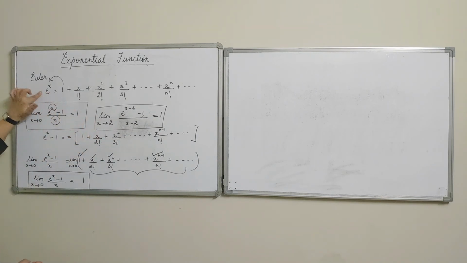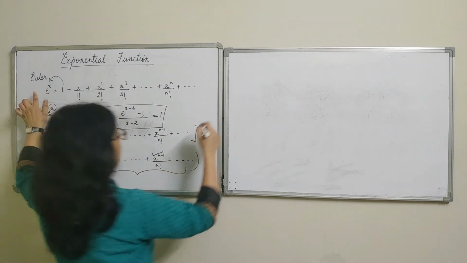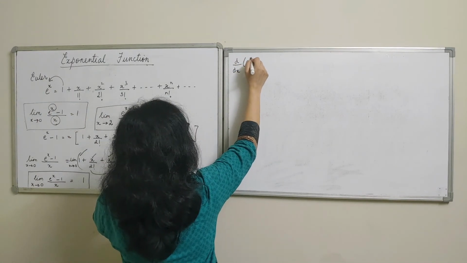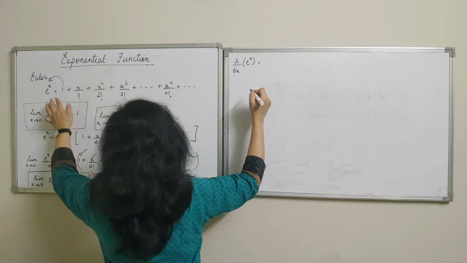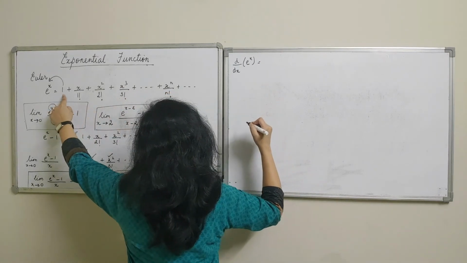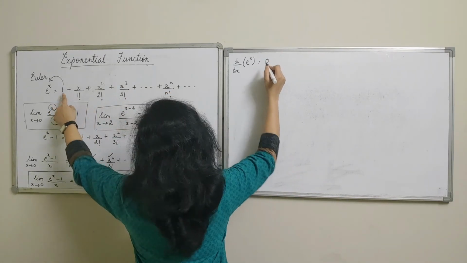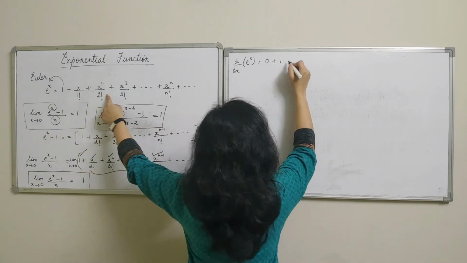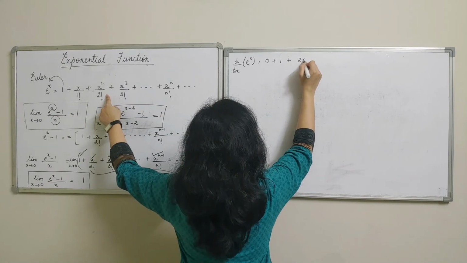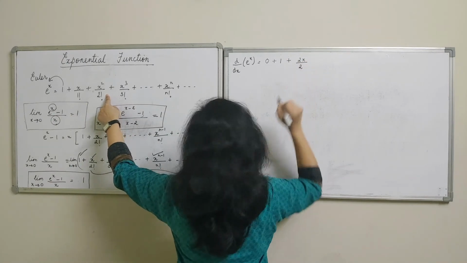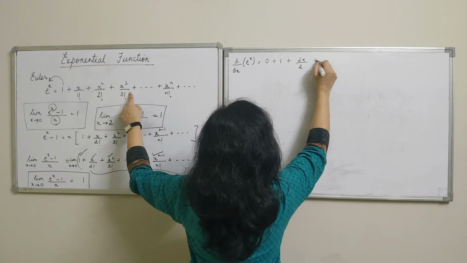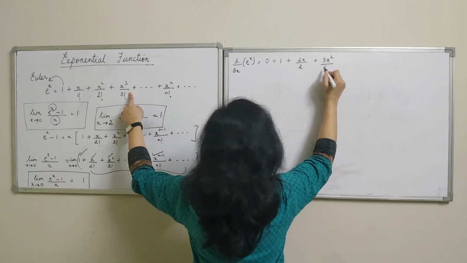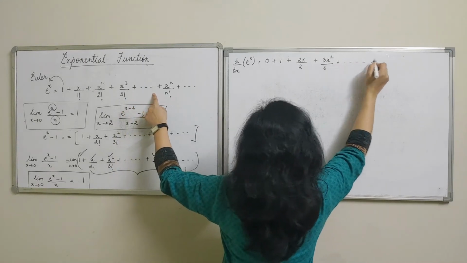Now looking at this expression only, let us find the derivative of the function. So left side derivative, and on the right side, when you differentiate these terms, you know the first term derivative is 0, next term derivative is 1. Moving on to the next term, it is 2x upon 2 factorial, which I'll write as x. Next term derivative 3x square upon 6, and so on.